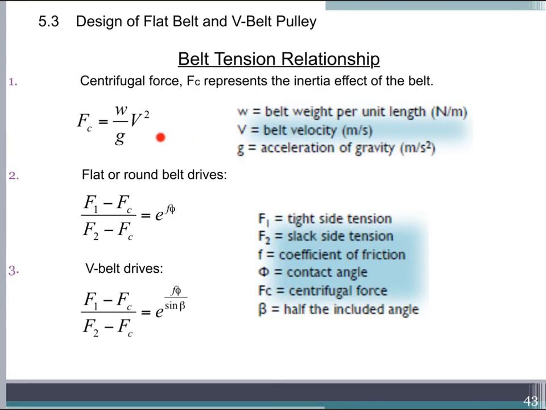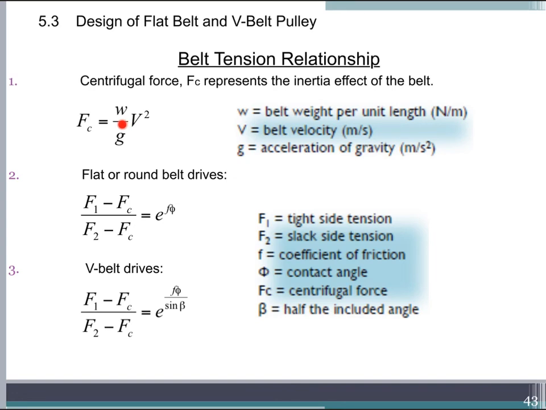Because of the belt looping over the pulley, there will be a centrifugal force Fc acting on that pulley. So we can find this Fc value by using this formula, where W is the belt weight per unit length in Newton per meter.